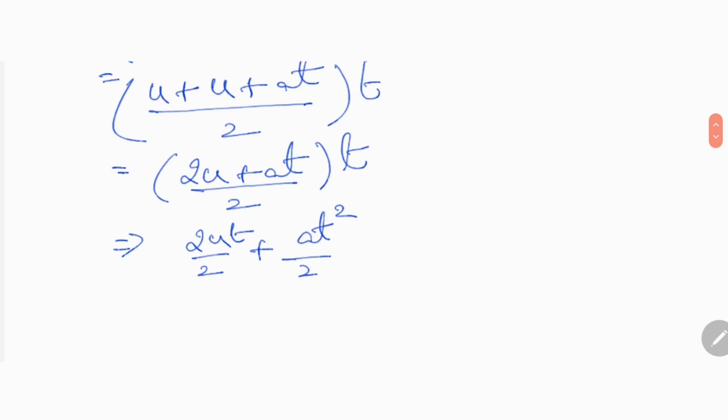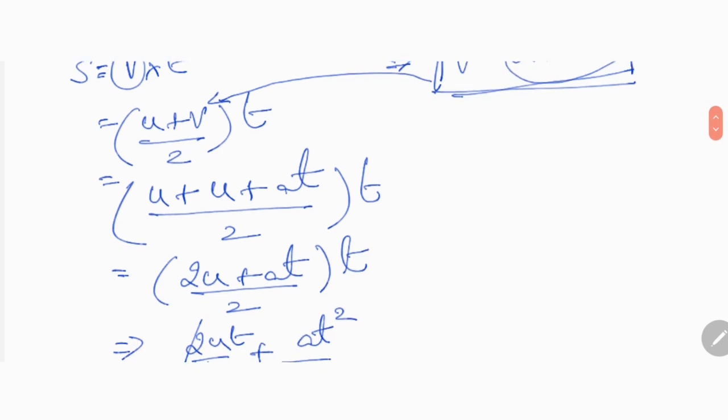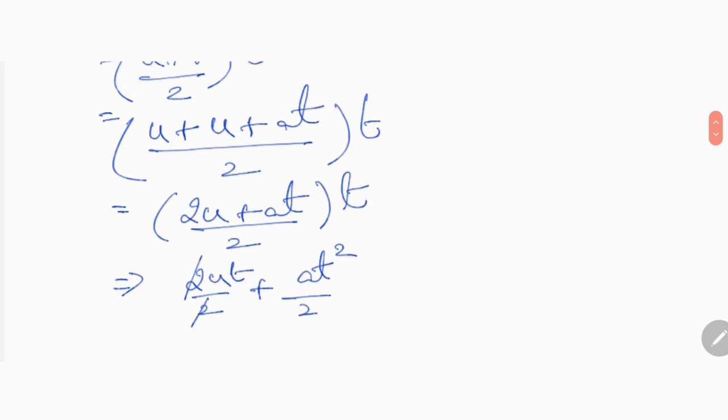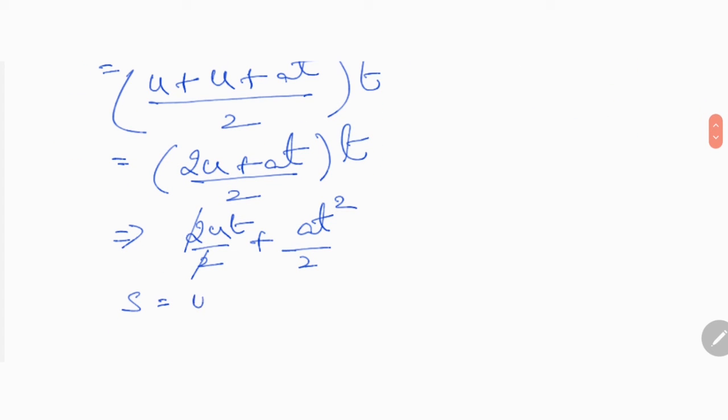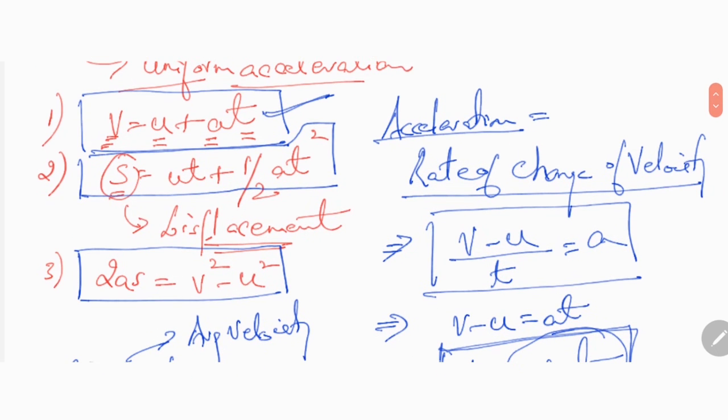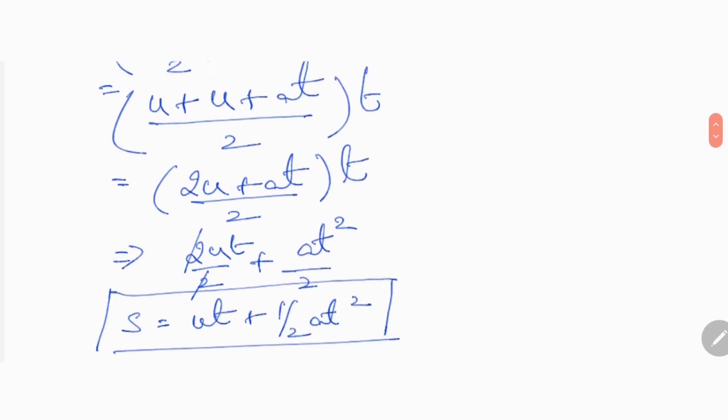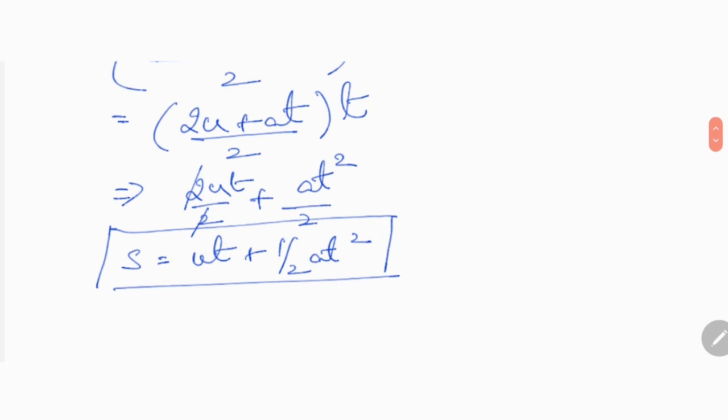Therefore we can see this goes, and therefore what we get finally is, we have been calculating this for s, right? So therefore s is equal to ut plus half at square, right? Please note this is exactly this formula. Okay, so this is how we derive it. So it's very straightforward. You see, there is no complication. You just have to understand how velocity, acceleration and displacement work together.